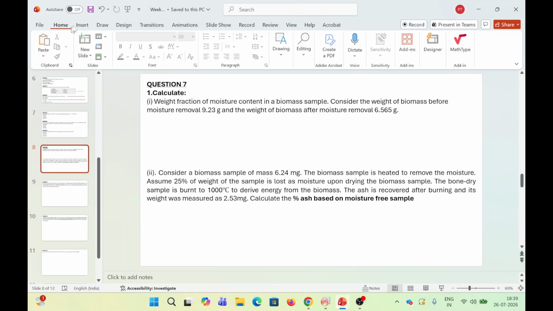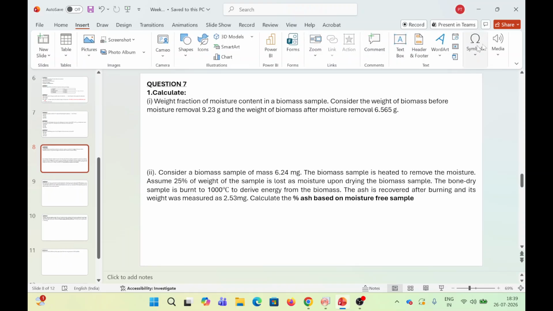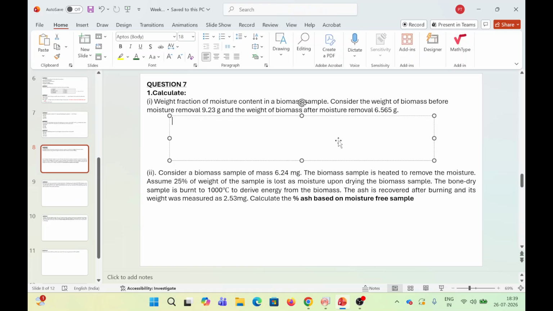Okay, 28.9%. Since I received an answer, I'm going to start solving. So, percentage moisture is nothing but the weight of the sample before minus after.